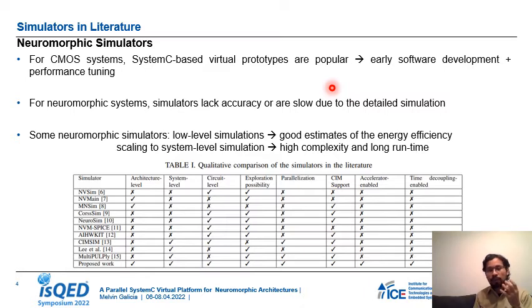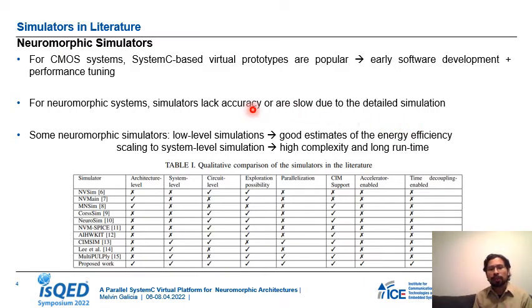So we are trying to use this approach for neuromorphic systems, and we carried out a survey of what types of simulators have already been proposed in the literature. We found that many of them are quite simple and lack accuracy, or some of them are very detailed but quite slow because they demand a lot of resources to obtain such details.